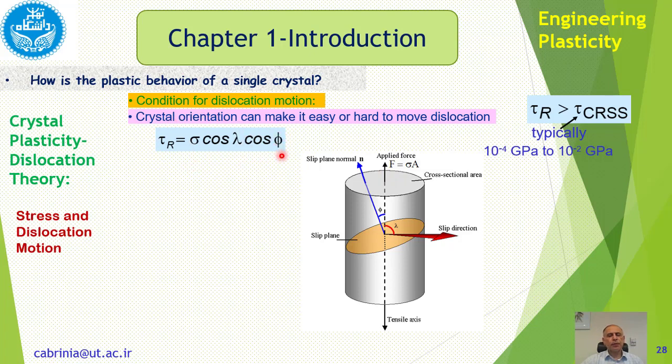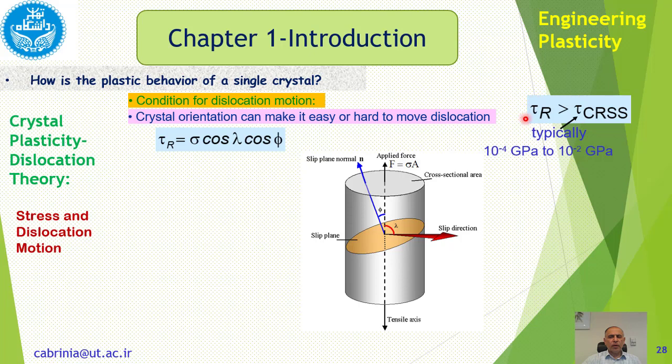This equation, in fact, shows how slip occurs. Sigma is this. In fact, the applied load causes sigma, and sigma causes tau r. So if we suppose this is the slip system, that's how the slip occurs. If sigma reaches a certain value, tau r reaches a certain value, and a slip occurs.